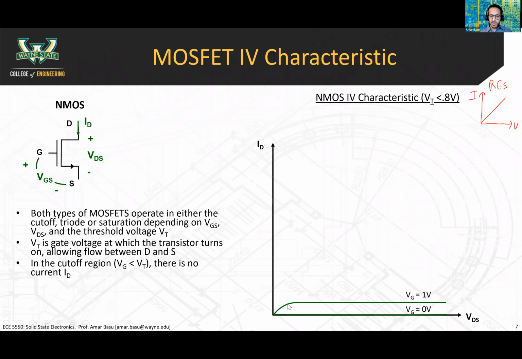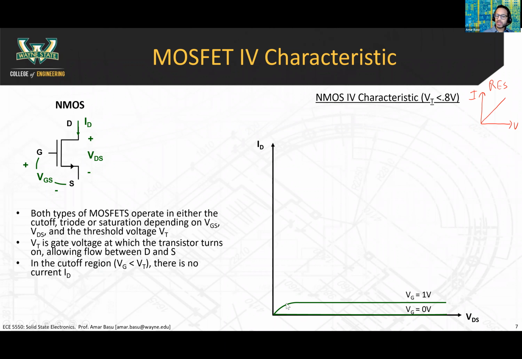That's kind of what's happening here. We're increasing the voltage and the current also increases, but just for this portion here. Then it tails off. As you increase VDS, the current flatlines. It's just horizontal here. Actually, there's a small slope to it. We'll talk about that a little bit later, but for now, think about it as being kind of horizontal.